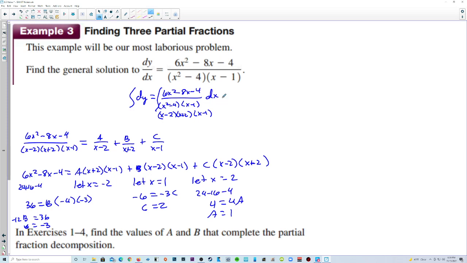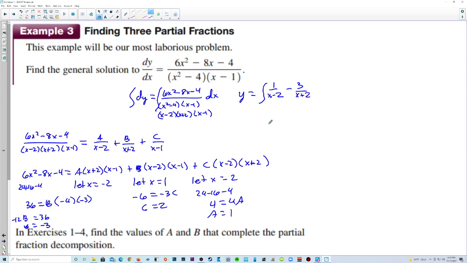Well, now for this integral, let's do this. y is equal to the integral of a over x minus 2, so 1 over x minus 2. b was negative 3, so minus 3 over x plus 2.